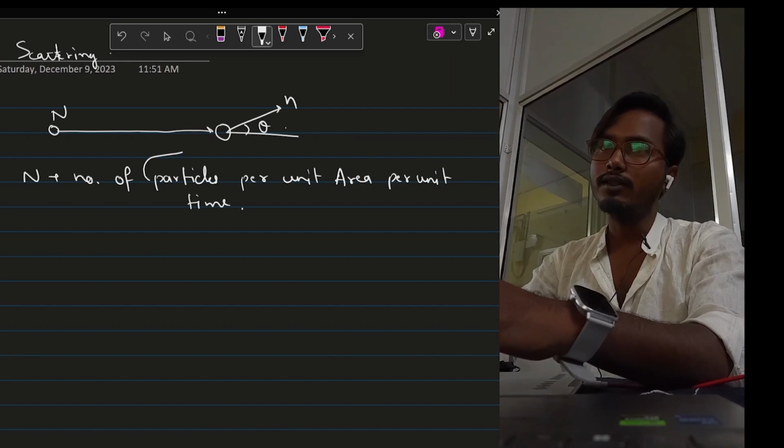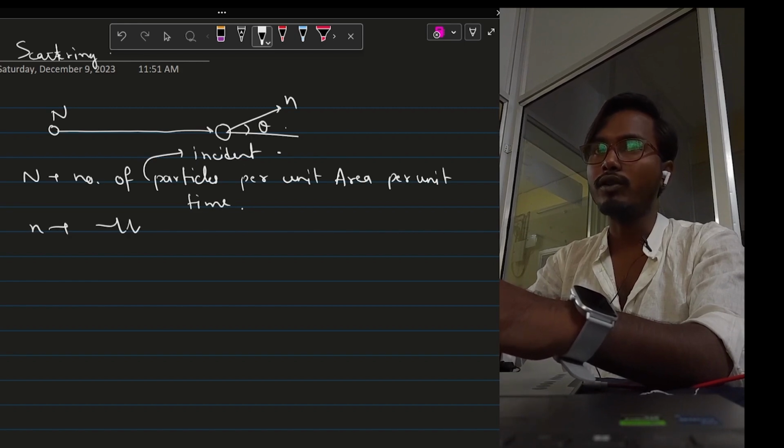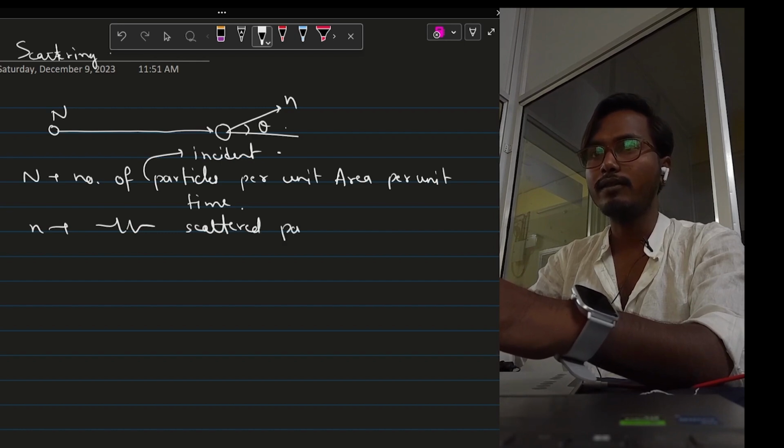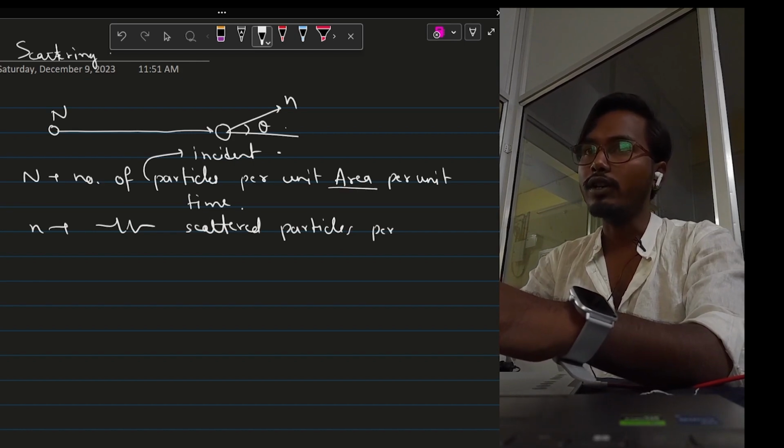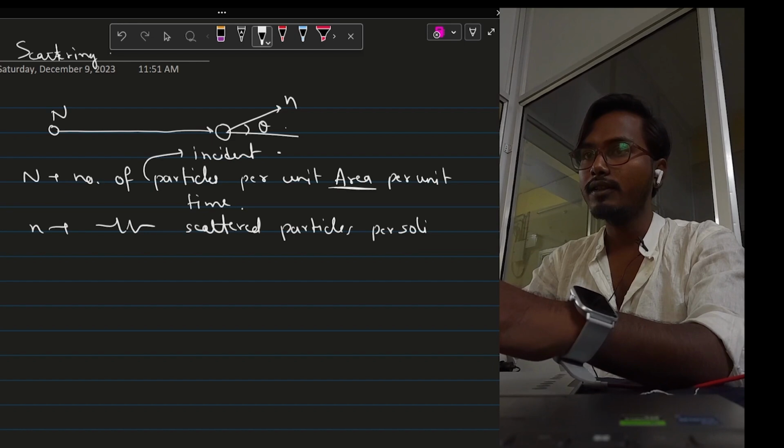Small n is the number of scattered particles per unit, not area here, we are talking in solid angle terms.